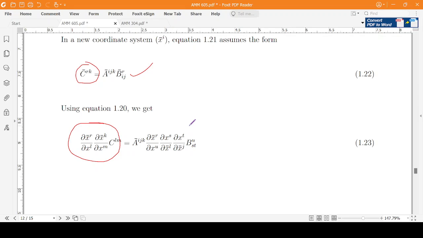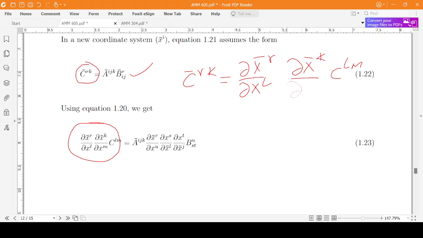Remember when we write C bar r k, this should transform to C^l_m according to the equation partial x bar r by partial xl, partial x bar k by partial xm, which is what we have here.